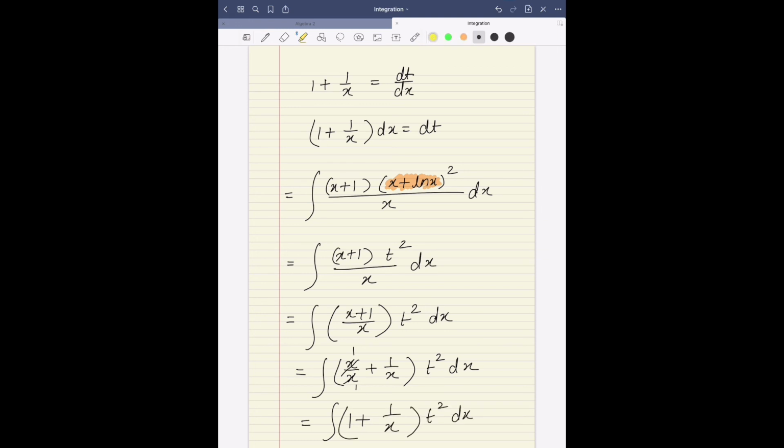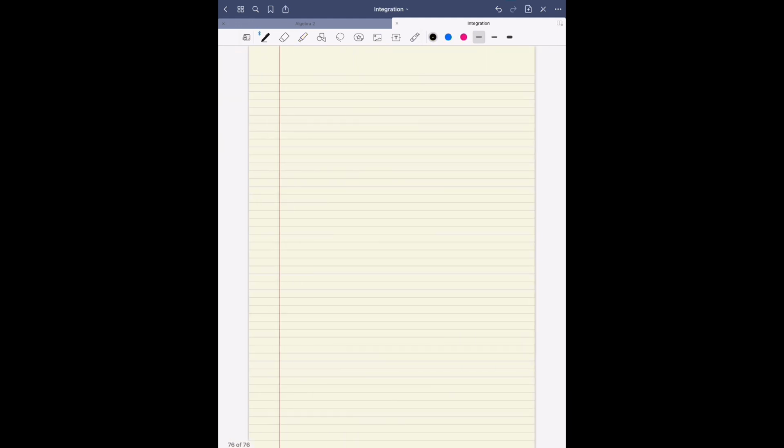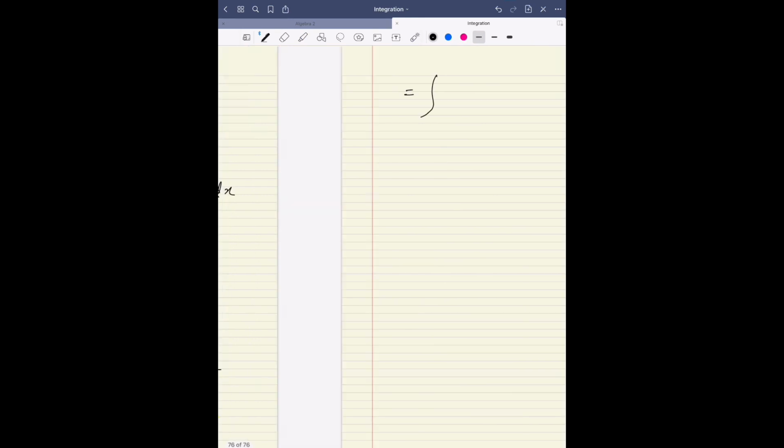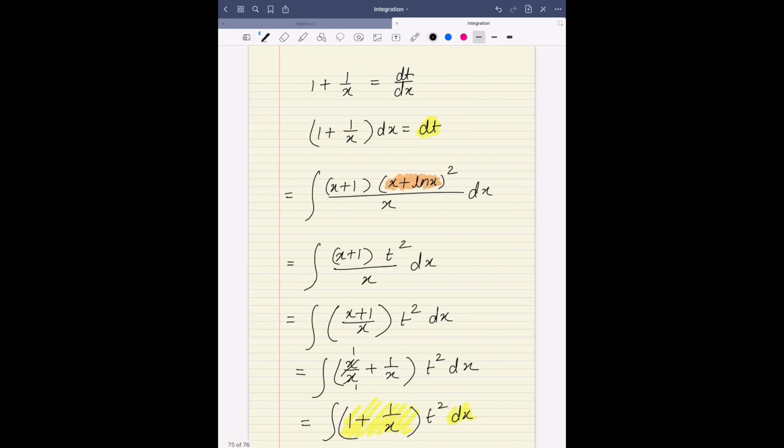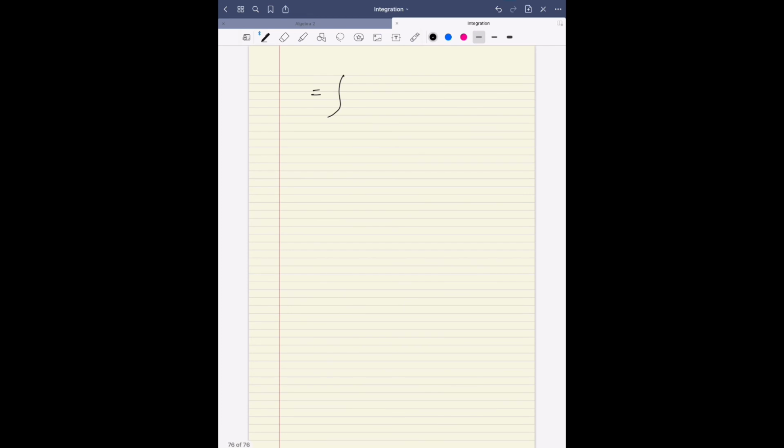Now you see that yes, we can use 1 plus 1 by x dx in place of this function, and that's it. You replace it again, so we get dt, right? So this entire yellow expression becomes dt, so you get t square dt.